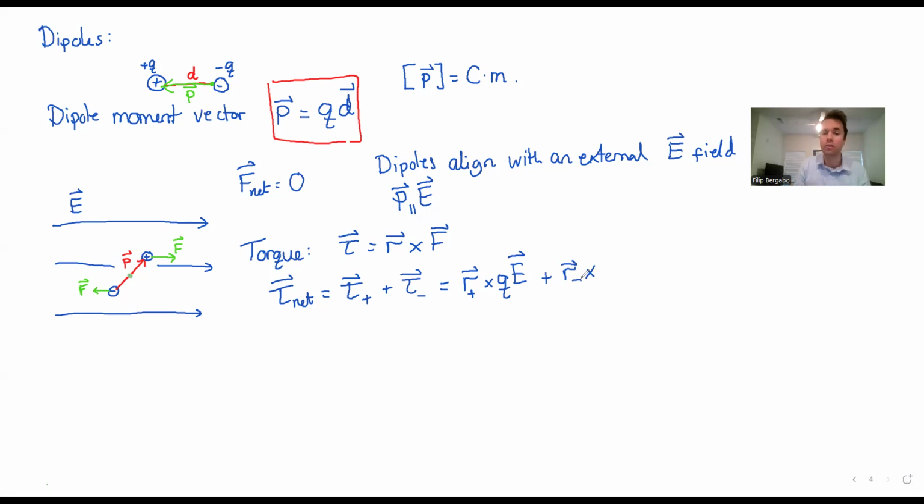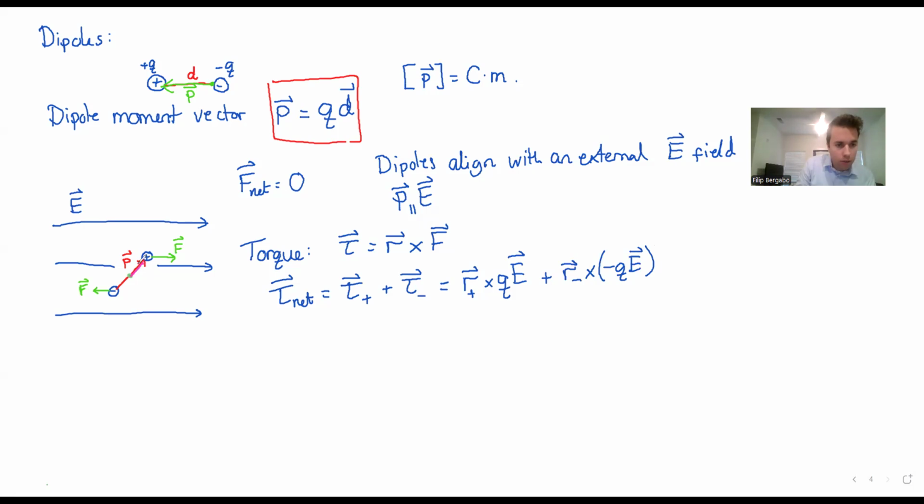And because it has charge minus Q, we get a minus QE here. Okay, so together these two will combine. And notice also, if we draw these little vectors, let me do these in pink.